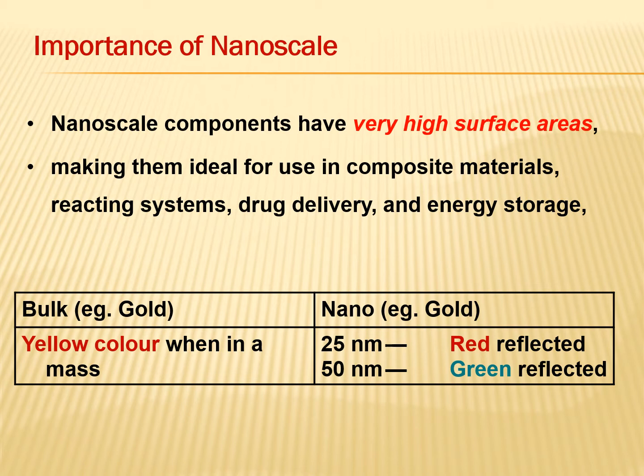You can see here bulk gold is yellow in color, as we know very well, whereas nano gold of 25 nanometer size is reflected as red color, but as the size changes to 50 nanometer, it is reflected as green color. So because of variation in size, the color changes. Sometimes it also looks like pink color, depending on the size.